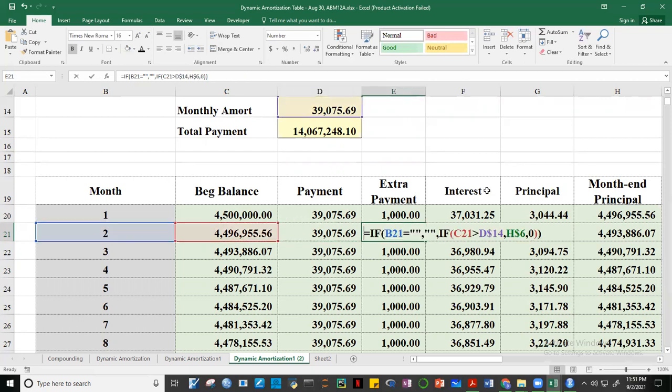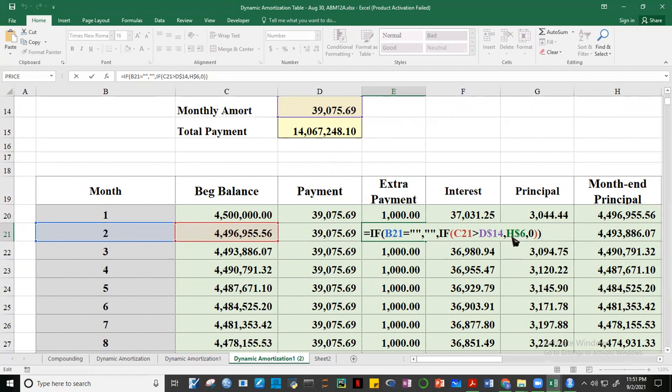So for this one, we said for extra payment, if this month is nothing, then give us nothing. And then if the beginning balance is greater than the monthly amortization, then we get the extra payment.